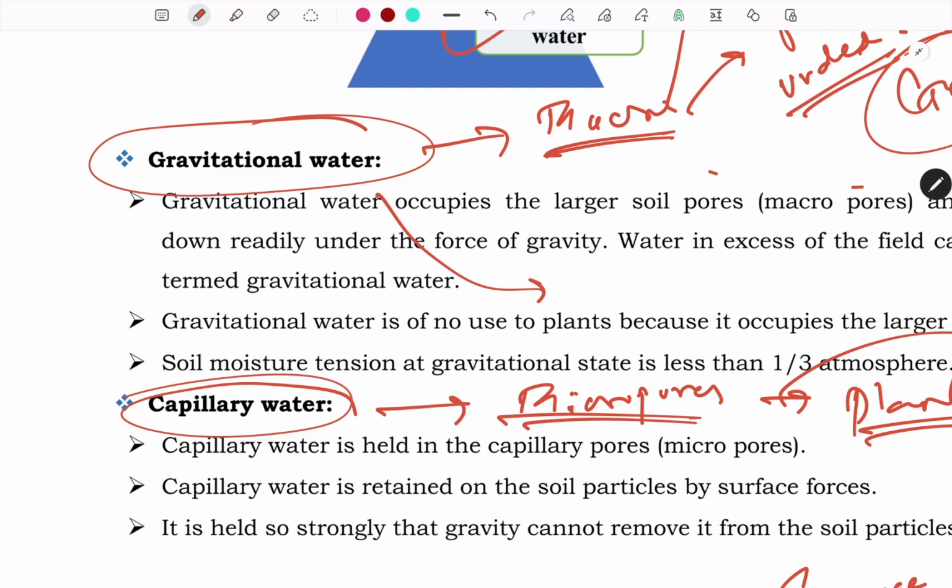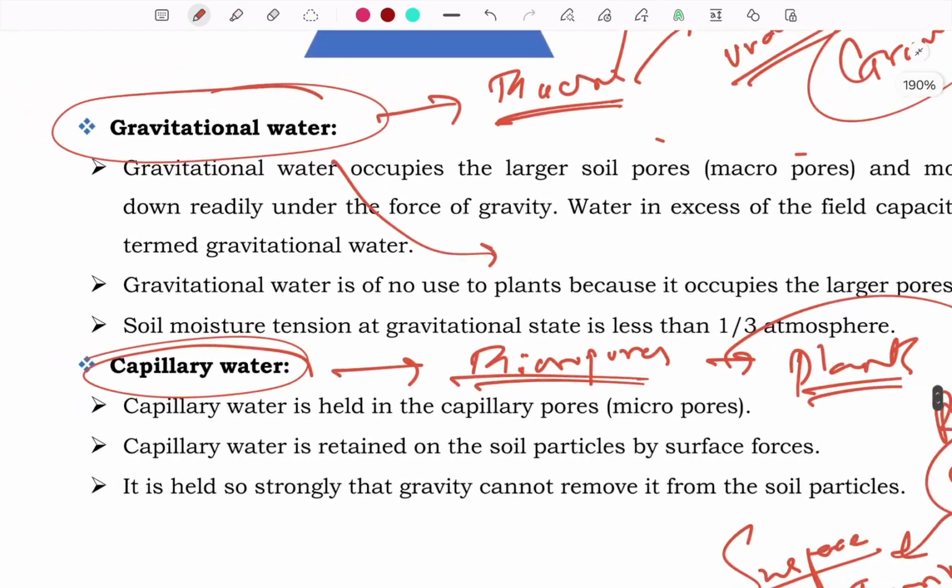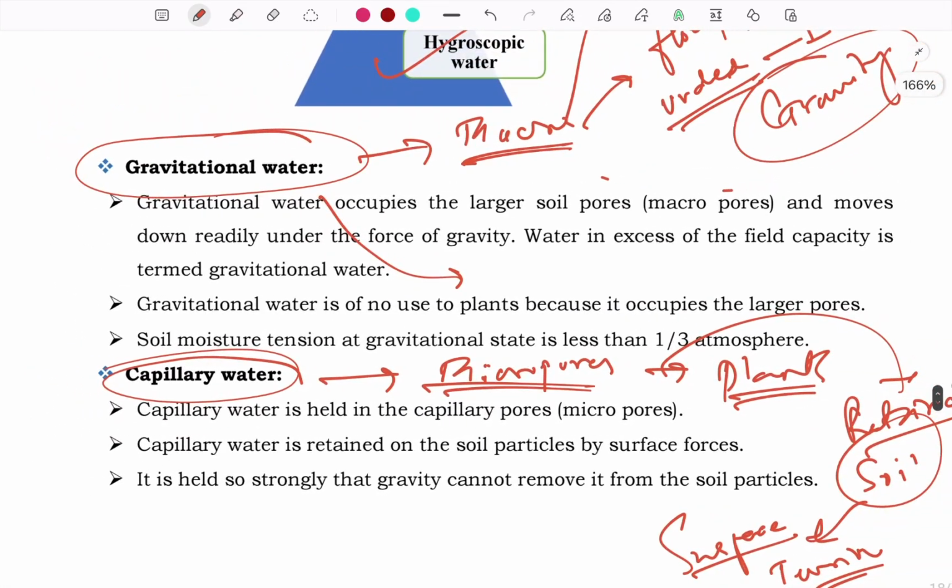This gravitational water is present at the potential, meaning the tension at which it is held, from 0 to 1/3 atmosphere pressure.